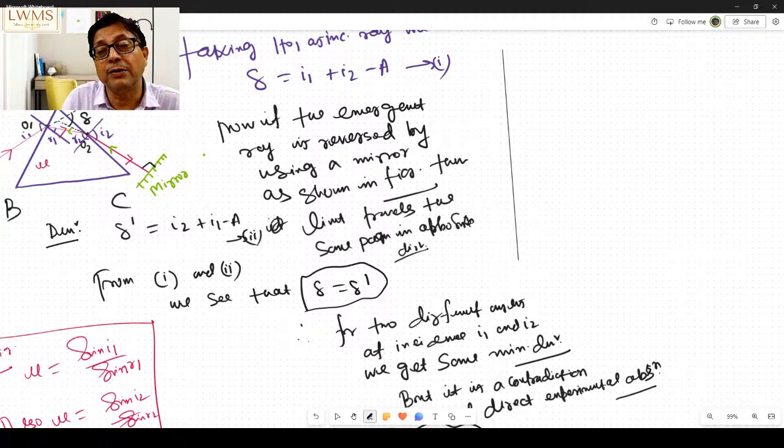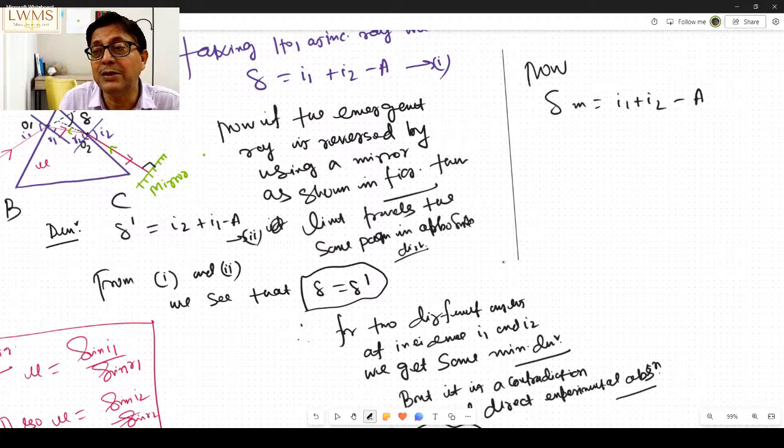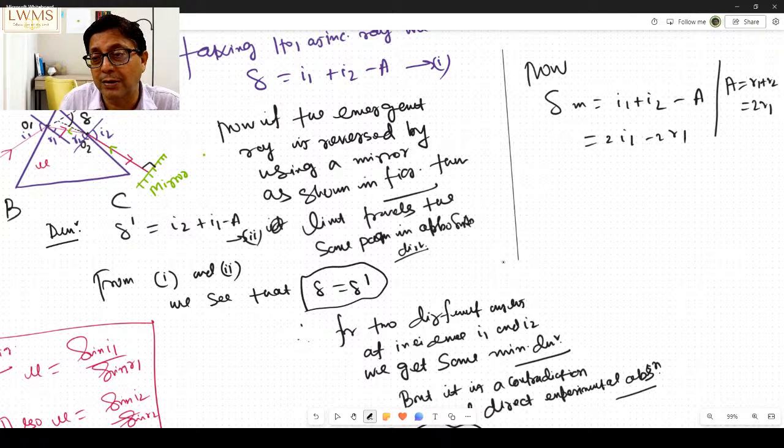So what is delta M now? Delta M equals I1 plus I2 minus A. A means what? R1 plus R2, or 2R1. So you write 2I1, because I2 equals I1, minus 2R1.